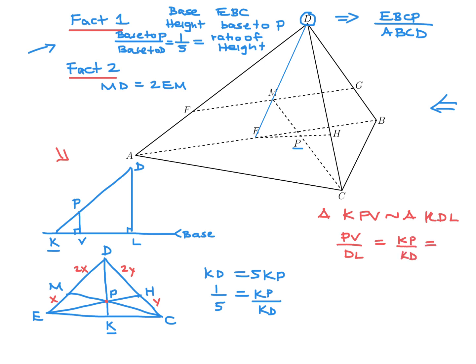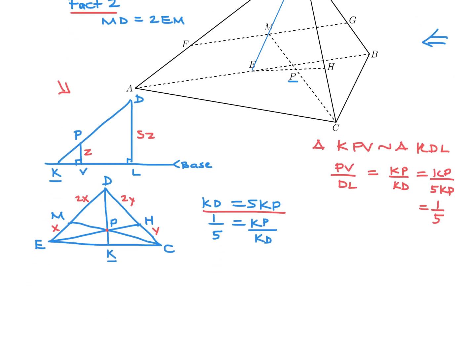And since we have established that KD is equal to 5 KP, we can put 5 KP. So that's really just 1 over 5. So PV over DL is 1 over 5. So for example, if this was X, this is 5X. Or let's use a different letter. If this was Z, this would be 5Z.